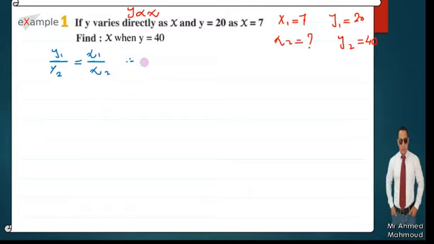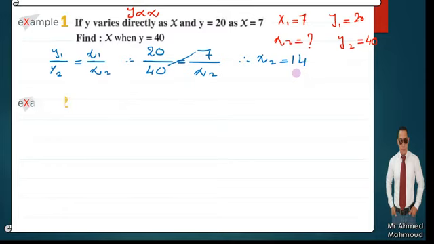Therefore y1 equals 20, y2 equals 40, x1 equals 7, x2 unknown. Therefore x2 equals 7 times 40 over 20, which equals 14. This is the value of x2.